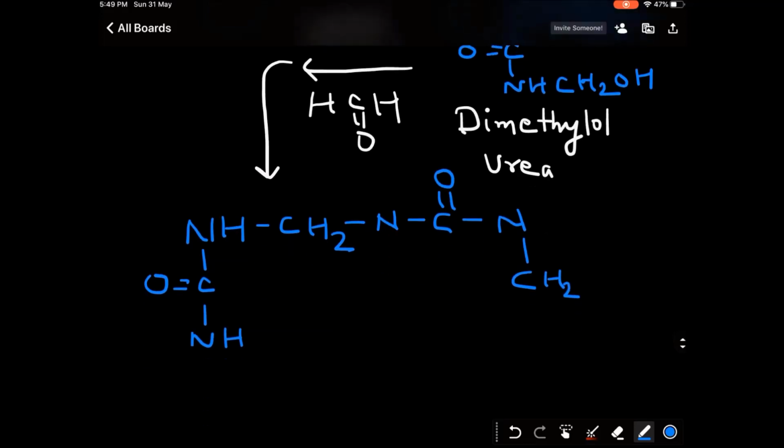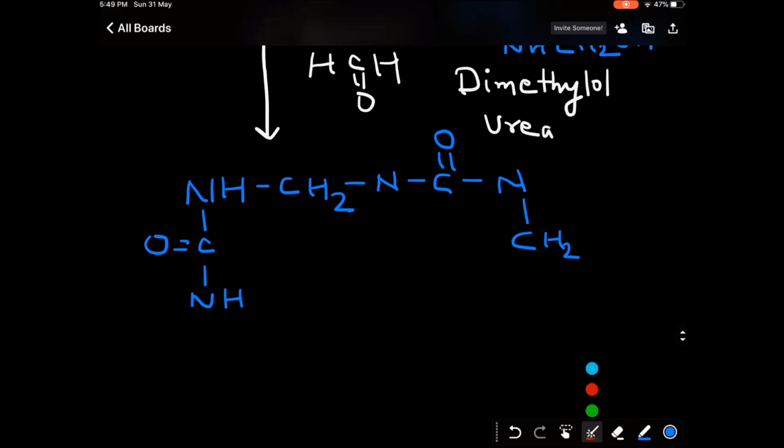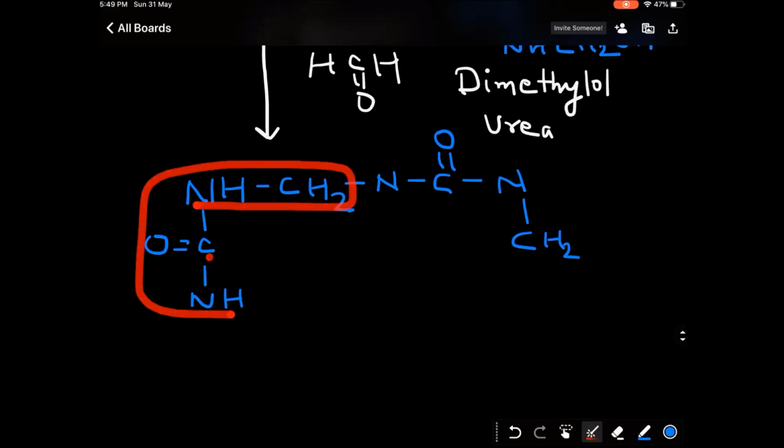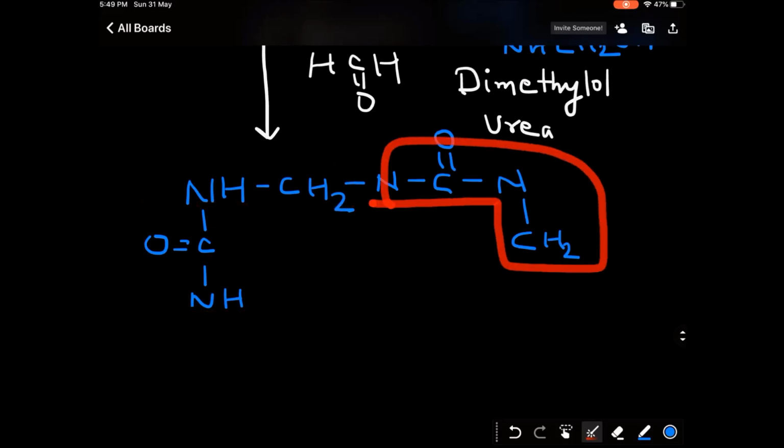Again the unit repeats. So you can see from here N C double bond O NH CH2, this part, then again N C double bond O N CH2, this is repeated.